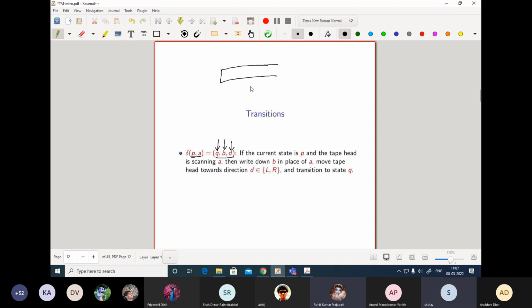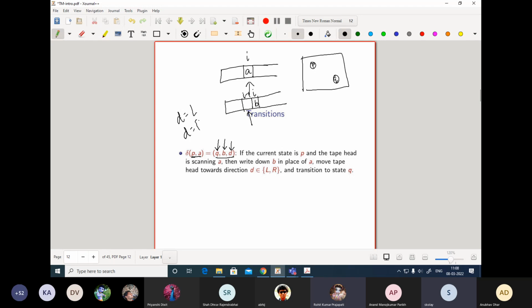So pictorially, suppose your tape head is at some cell i which has A written in it, and in your finite control you are in the state P. Suppose you also have some state Q. Then after this transition, the ith cell will contain B, and your tape head, let's say D is equal to L, instead of pointing at the ith cell, will point at the (i minus 1)th cell.